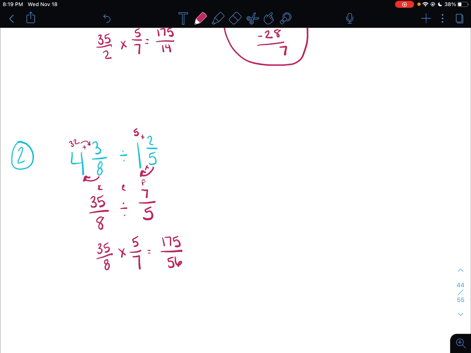So in your calculator, I would type in 175 divided by 56. Okay, so do that for me right now and see what happens. You should see that it gives you a whole number of 3 because it goes in 3 times. 3 times 56 is 168 because you should have seen there was a decimal answer as well. Subtract.